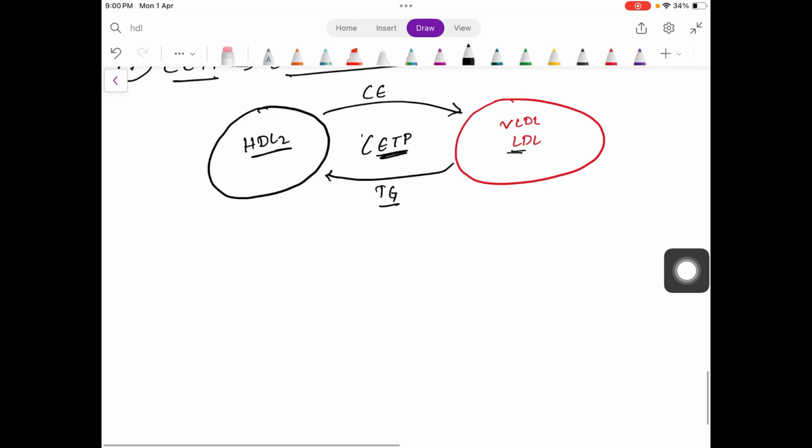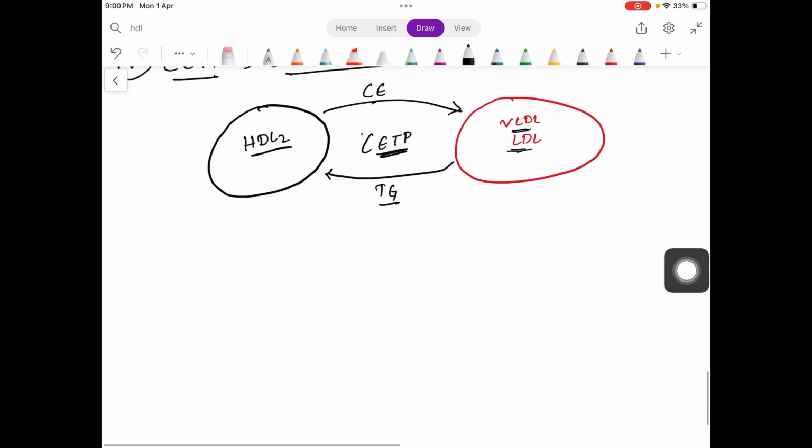And after transferring cholesterol ester from HDL to VLDL and LDL molecule, they are transported to liver, and they will donate cholesterol esters to liver, and these cholesterol molecules are metabolized.